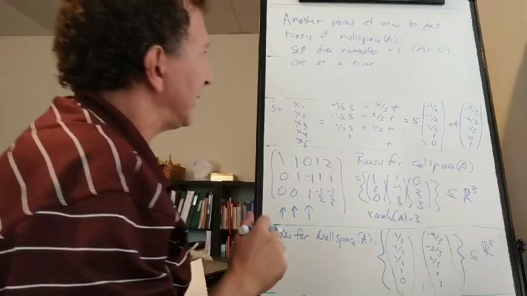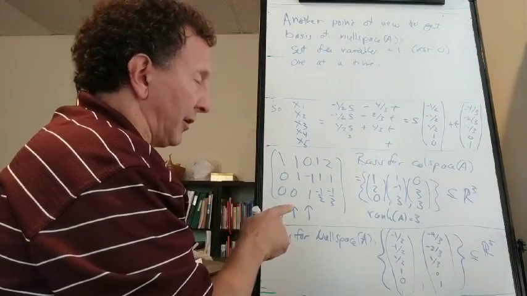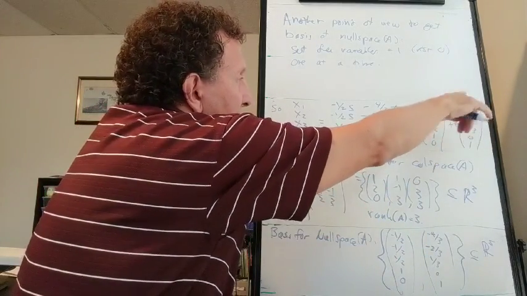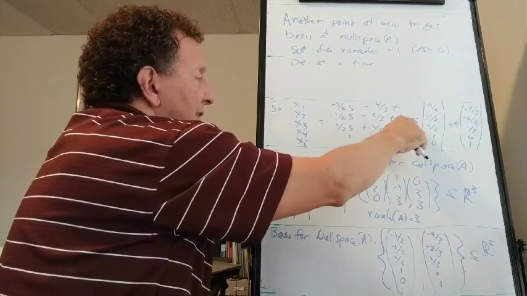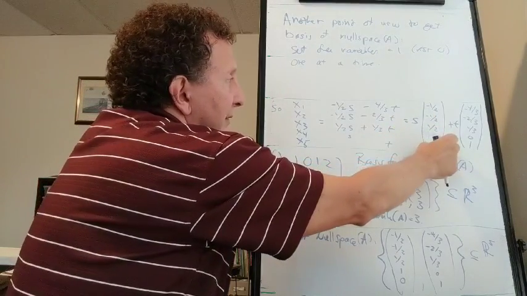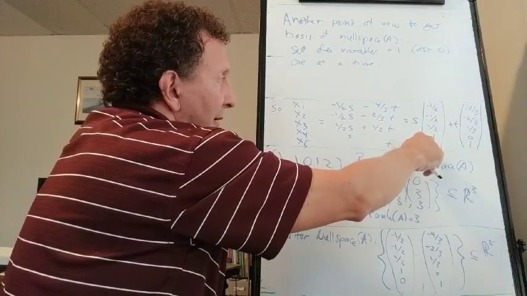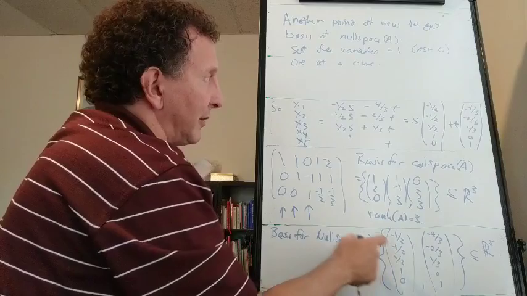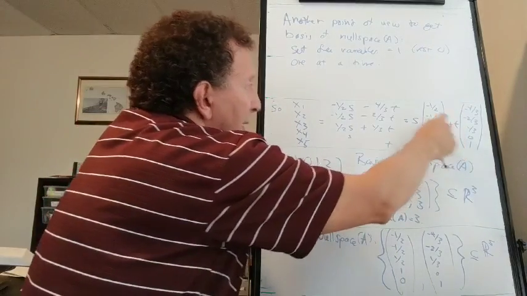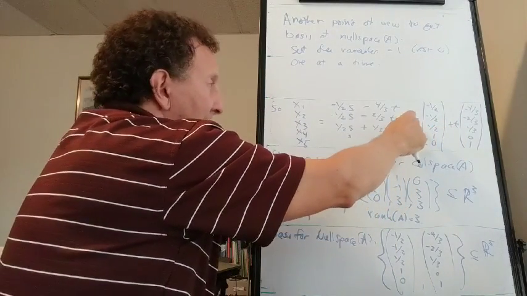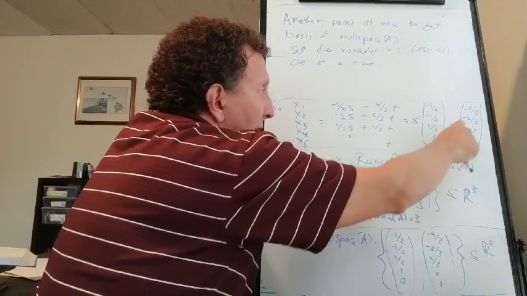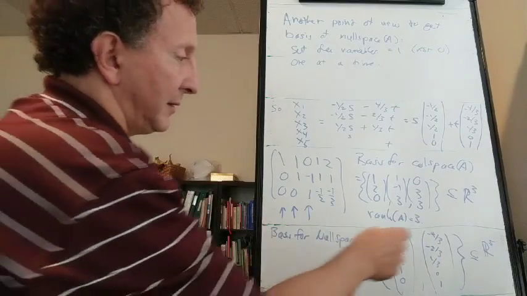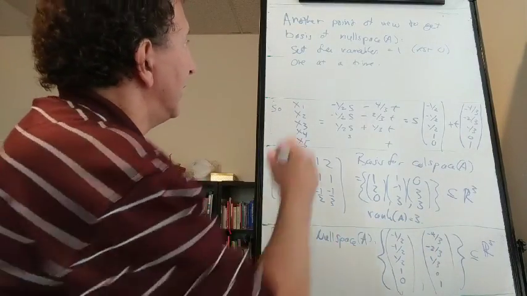So if we set s equal to 1 first and t equal to 0, when t is equal to 0, this whole thing is going to disappear. And when s is equal to 1, we're going to get this column vector next to s. So that's another way to think about getting the first column vector. And then if we set t equal to 1 and s equal to 0, when s is 0, this whole thing disappears. When t is 1, we're just copying the vector next to t. And that's another way to get the second basis vector here.